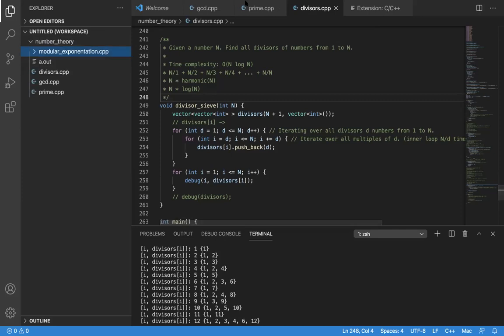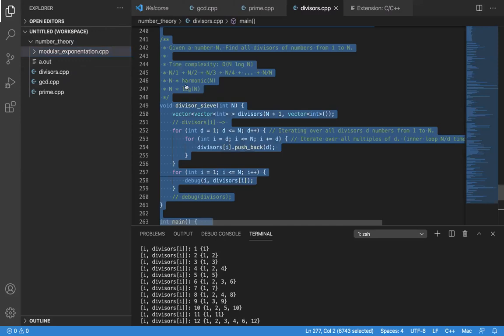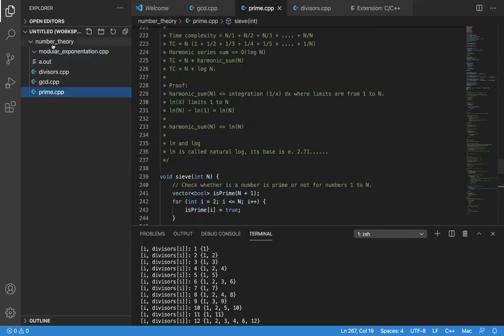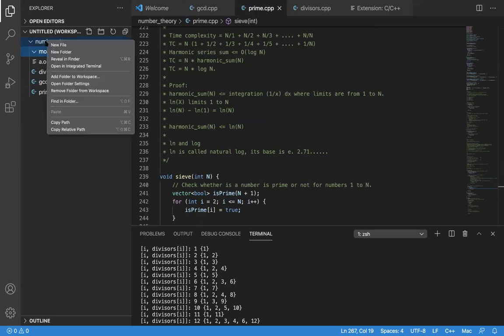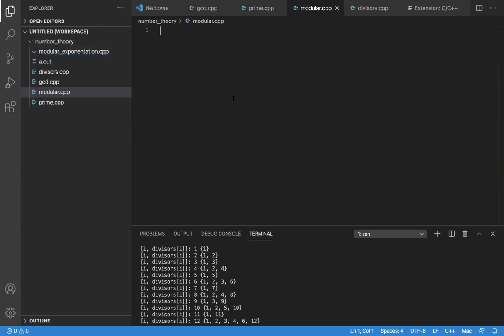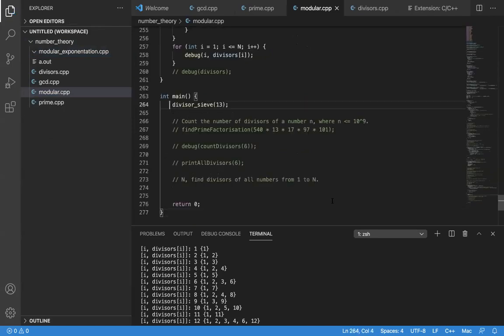So let's go to modular exponentiation.cpp. Okay.